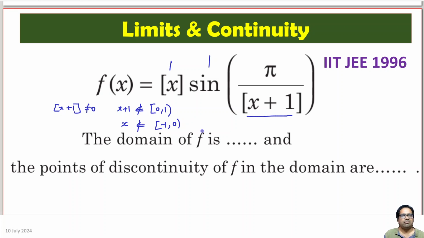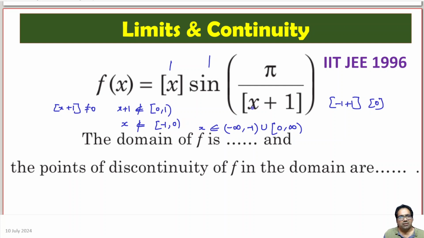X can belong to everywhere else. That means minus infinity to minus 1, open bracket, union, close bracket, 0 to infinity. X can belong to anywhere like this. Minus infinity to minus 1, both open brackets, because if x is equal to minus 1, then this becomes minus 1 plus 1, which is 0, which is not possible.